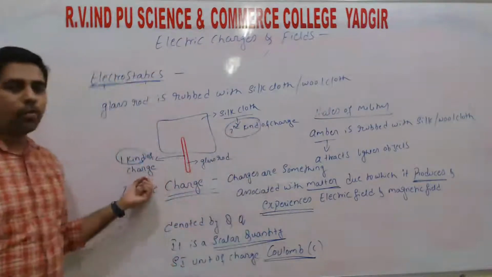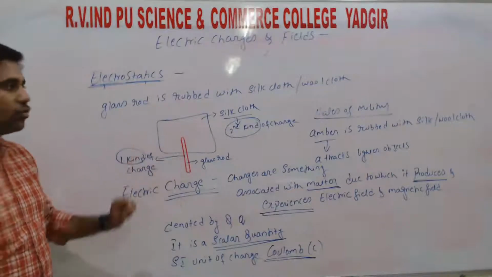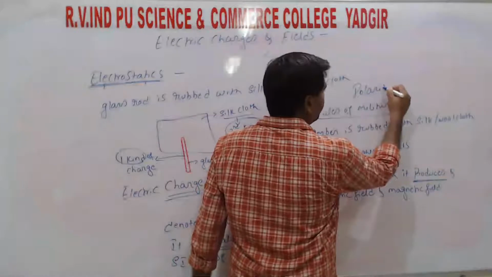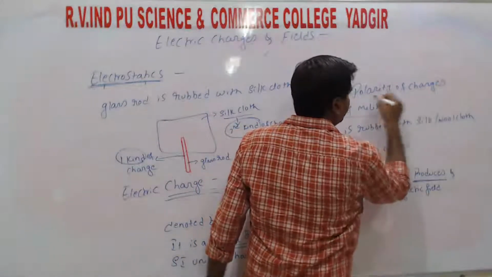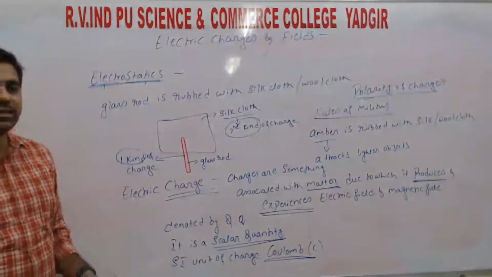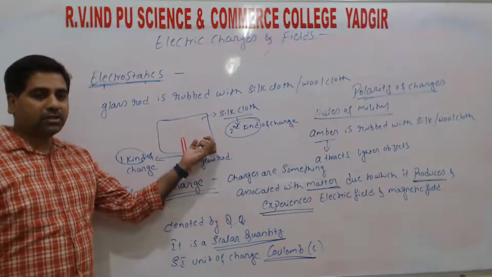The property which differentiates the kinds of charges, we call the polarity of charges. So what is polarity of charges? Polarity of the charges is the property which differentiates the two kinds of charges, right?